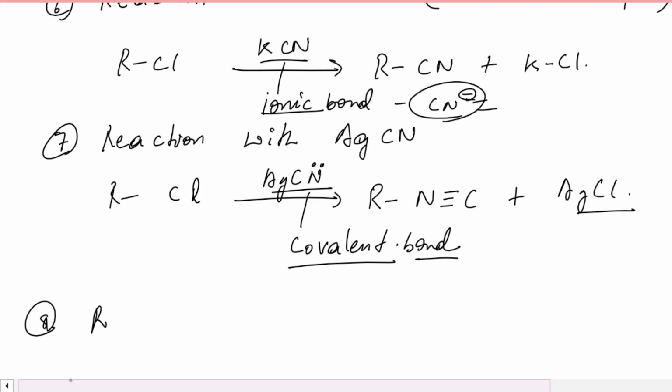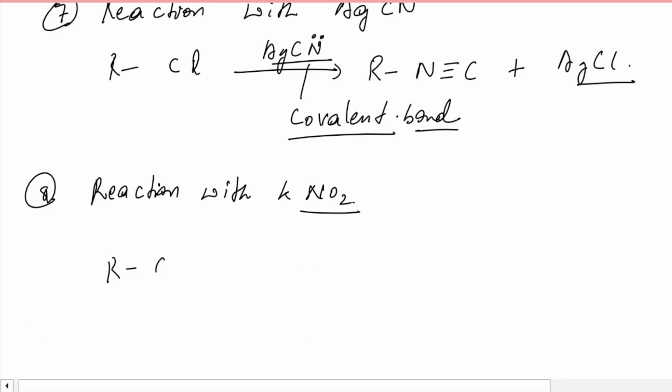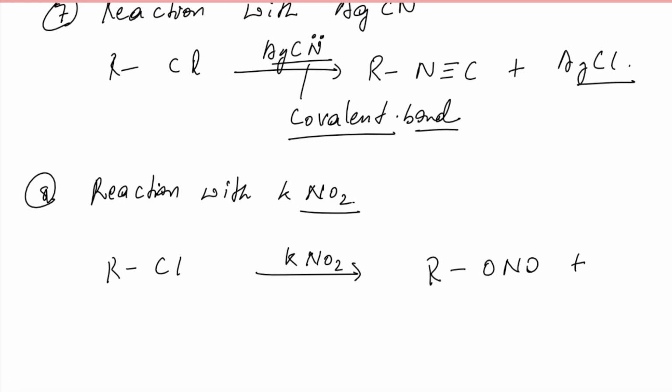Next is reaction with KNO2. So RCl reacts with KNO2 to form RONO plus KCl, or RCl is reacted with AgNO2.